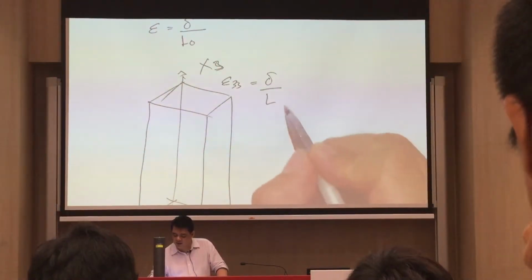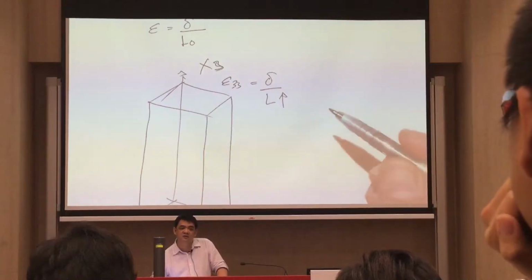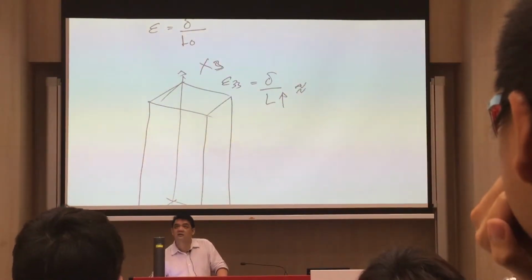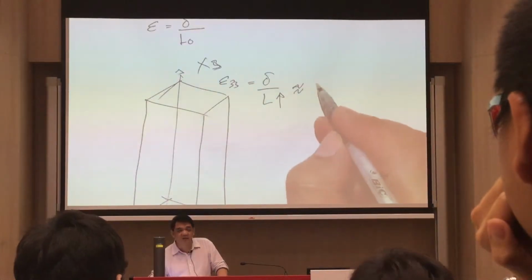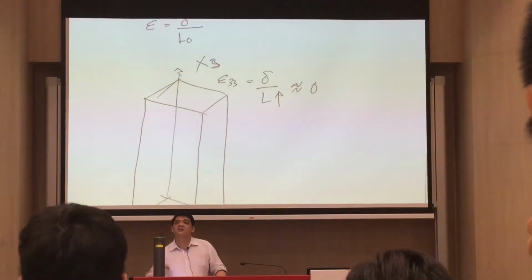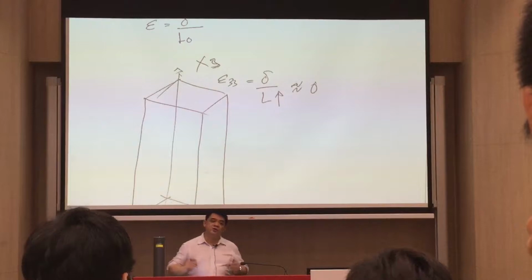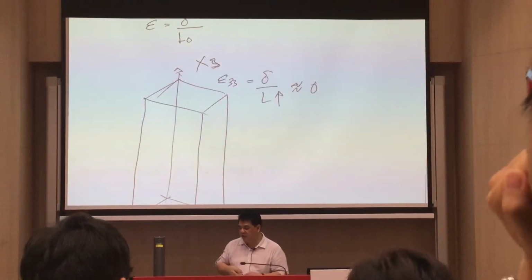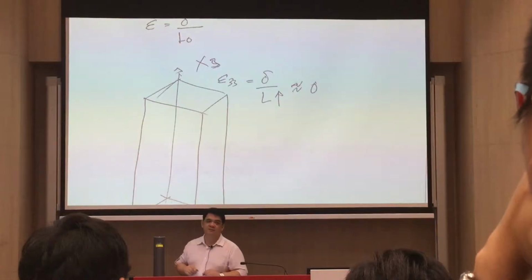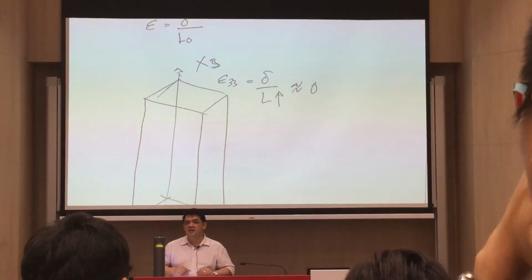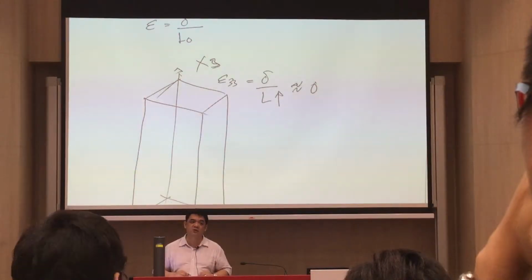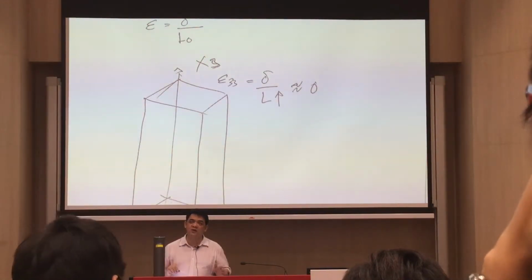But since this one is large, what will happen to this value here? Small. So this one will be very small, but can be estimated to be 0. So if one side is much larger than the other, the strain along that axis will be approximately equal to 0. So we assume that one strain is equal to 0.